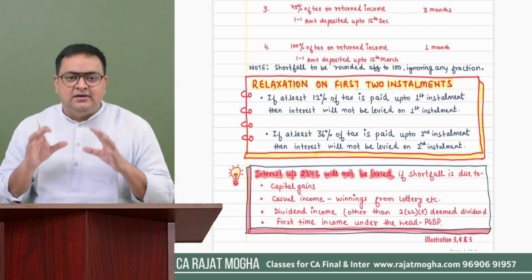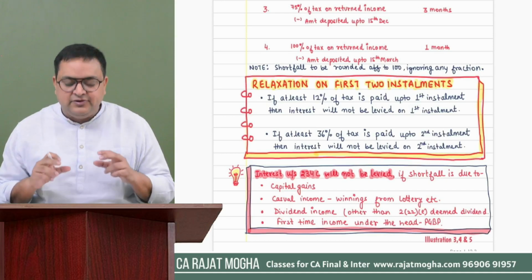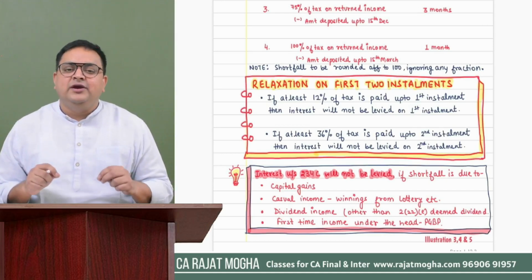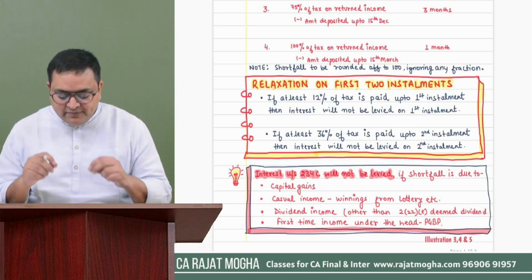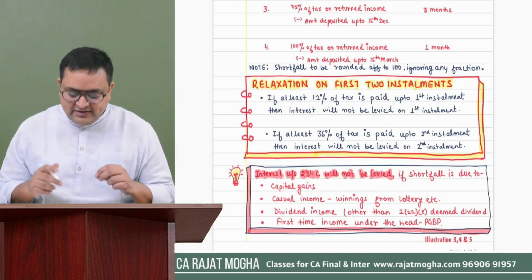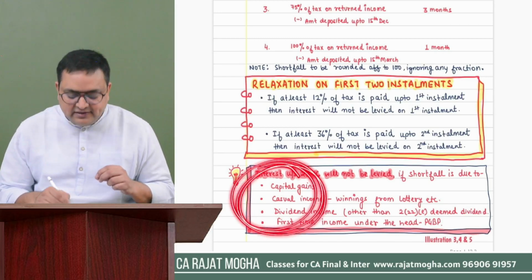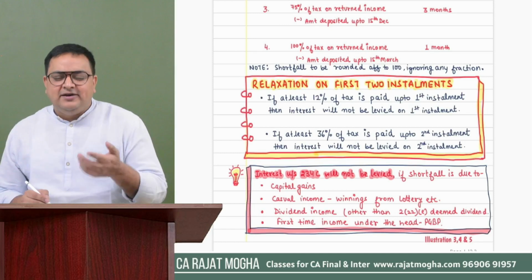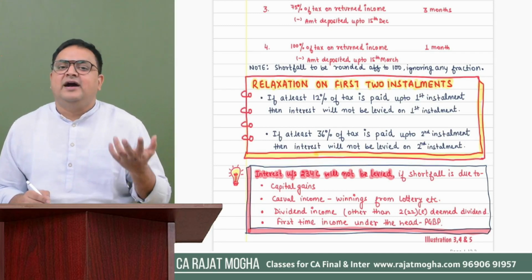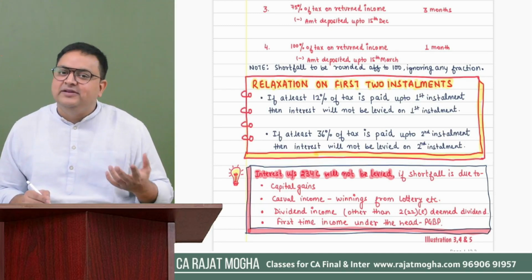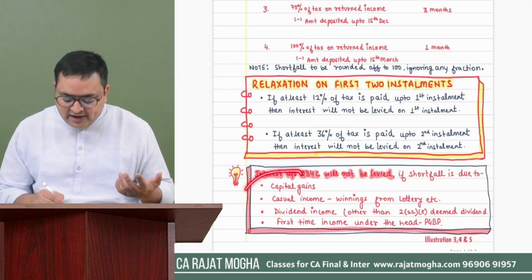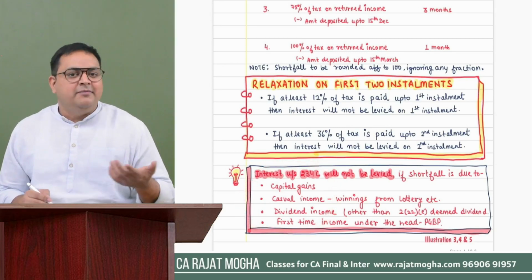If this income arises during the previous year, then we will not be charging interest under section 234C with respect to tax on this income, because the assessee was not aware whether he will be earning such type of income during the previous year or not, right? Because we cannot determine this type of income in advance.